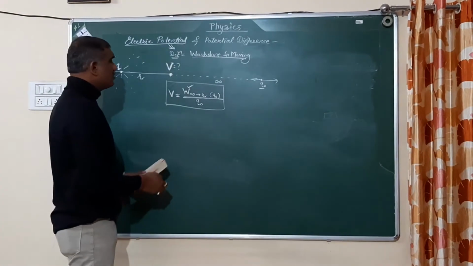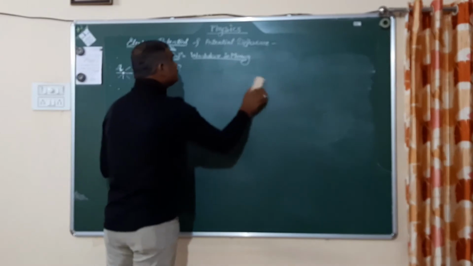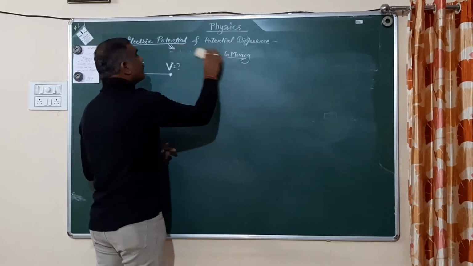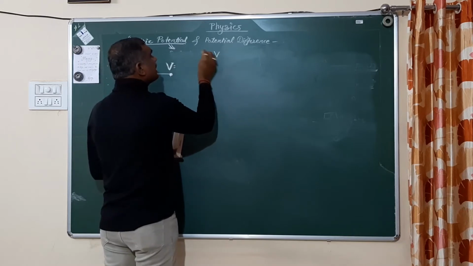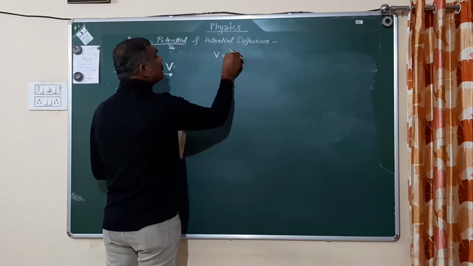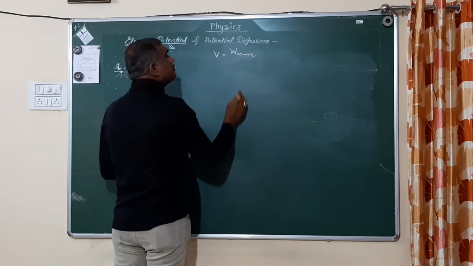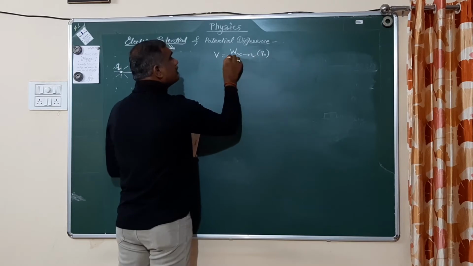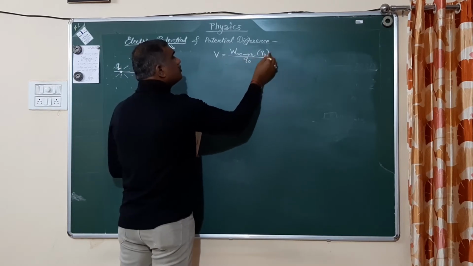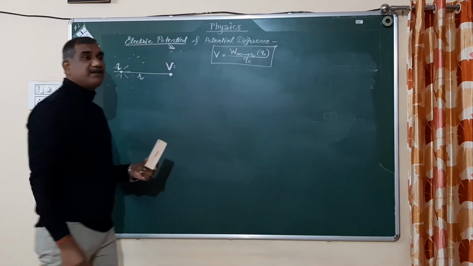For that purpose, I am now writing here: potential, electric potential, which is equal to the work done in moving the charge from infinity to the position where I have the Q0 charge, that much divided by Q0. It is nothing but the electric potential.